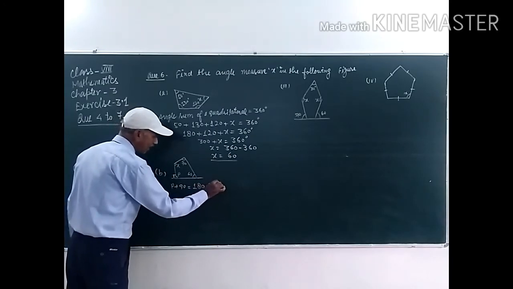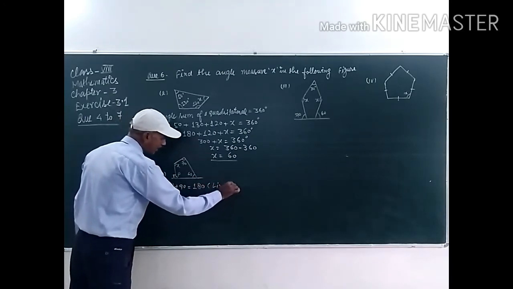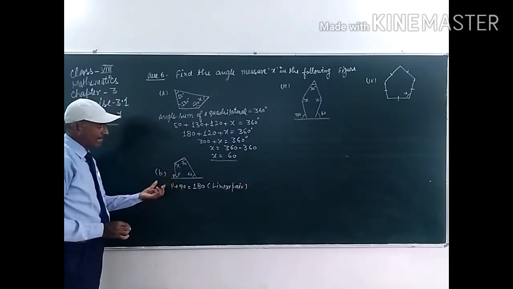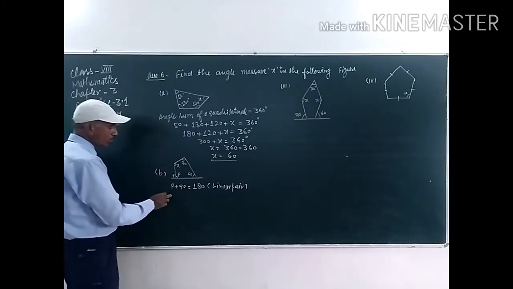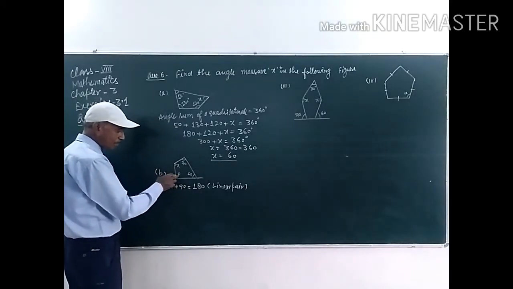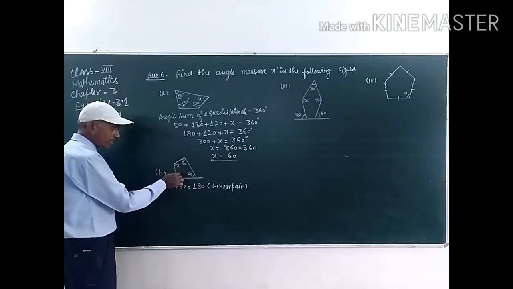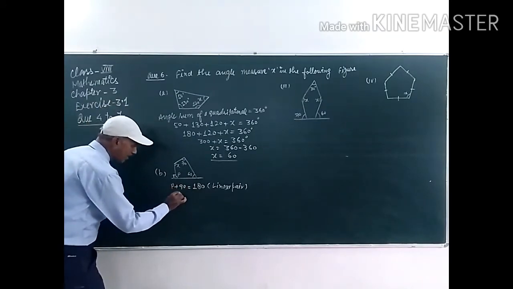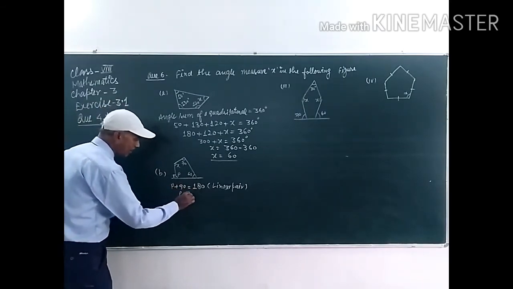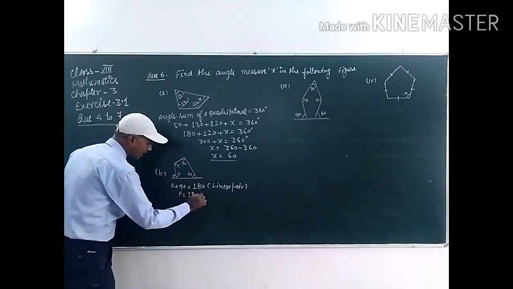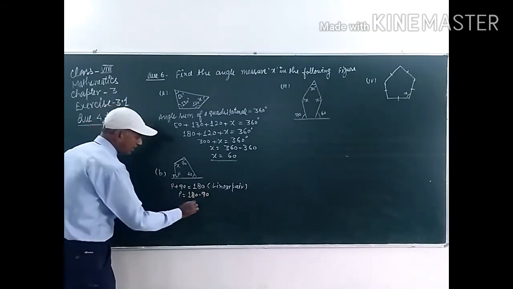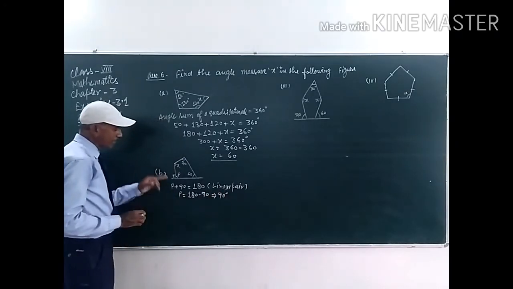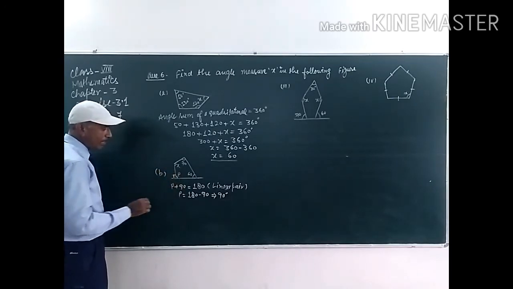Because of linear pair. Angles on the same line are called linear pairs, student. So P plus 90 is equal to 180 degree. So P is equal to 180 minus 90 and it will be 90 degree, student. Clear? The value of this angle P will be 90 degree.